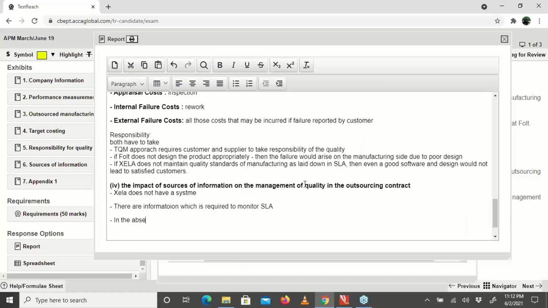In the absence of appropriate information system, it will become difficult to implement the quality standards. So now, if it is going to become difficult to implement the quality standards, what is it that you need to do?